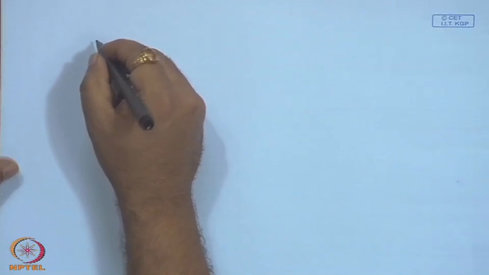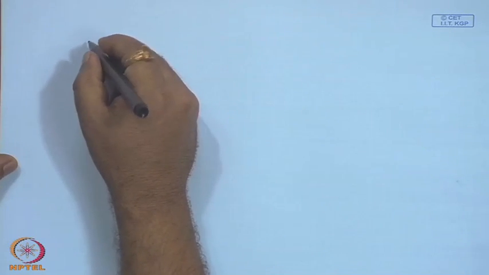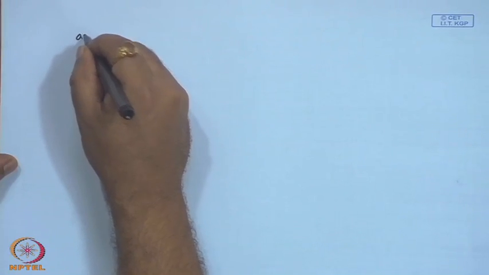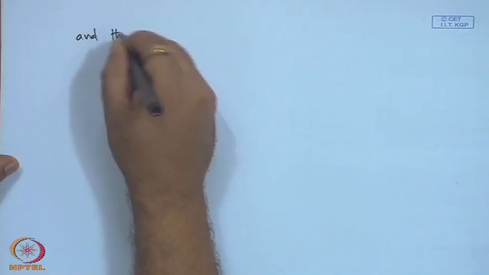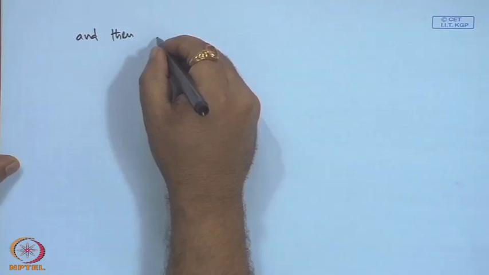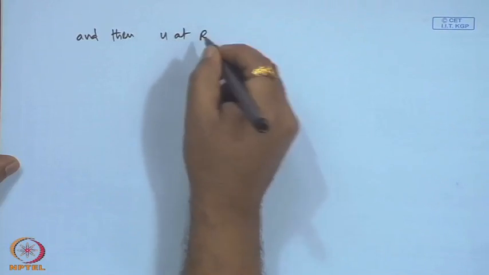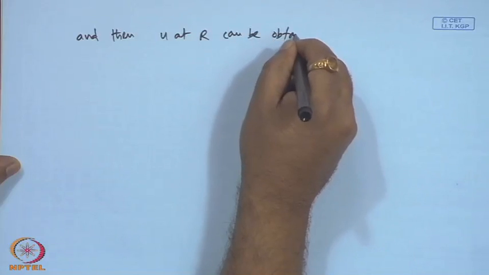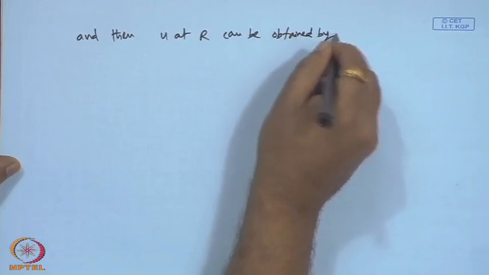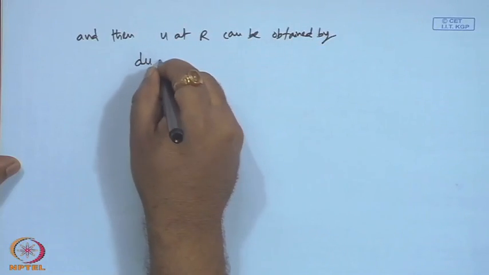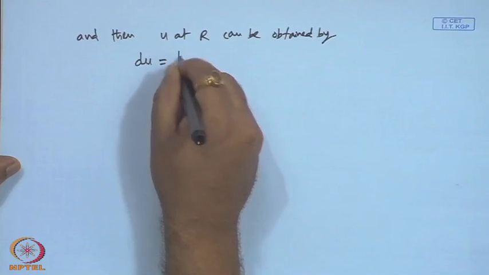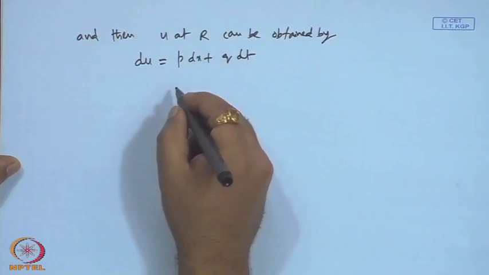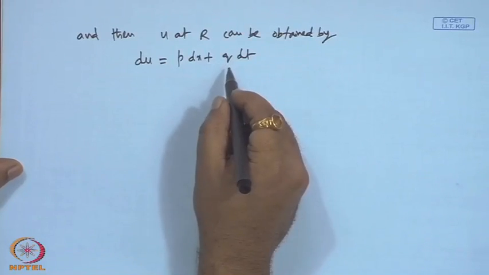Okay. So, once we get P r and Q r, then U at R can be obtained by du equals P dx plus Q dt. Okay.